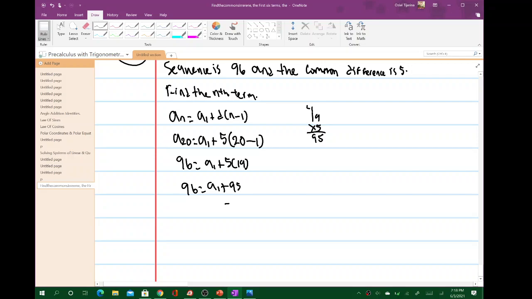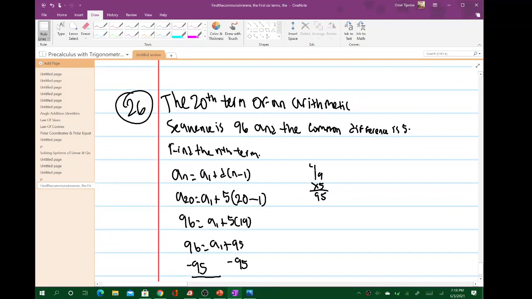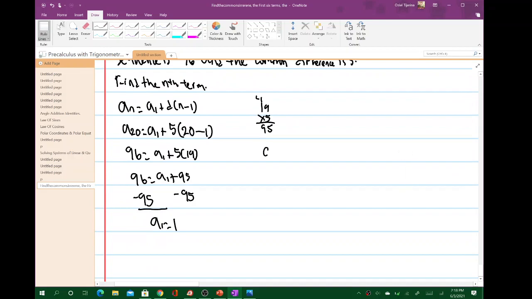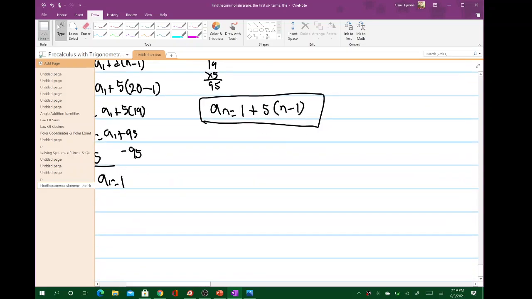So then we have minus 95 on both sides. a sub 1 equals 1, right? So in reality, it's going to be a sub n equals 1 plus the common difference, which is 5, times n minus 1. We can keep it like this, or we can simplify it even more.